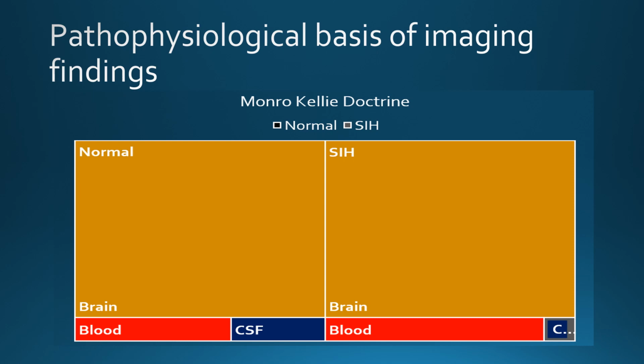The CSF leaks from the spinal canal, so the CSF volume inside the cranial cavity decreases. To compensate for the reduction of CSF volume, the brain cannot increase in size. So what happens? The blood in the intracranial cavity increases. As compared to normal, you see the proportion of blood is less, but in a patient with hypotension, blood increases. This increased blood in the intracranial cavity is responsible for most of the imaging findings.